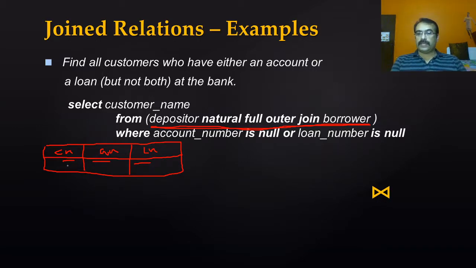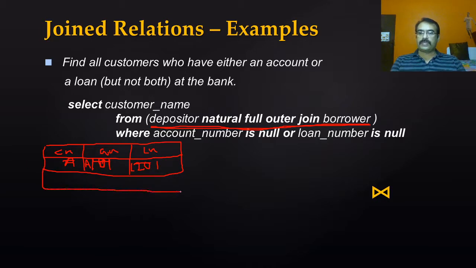Let us say that customer A has account 101 and loan number 201. Okay, so A, 101 and L201. So one customer is having both an account and a loan number.